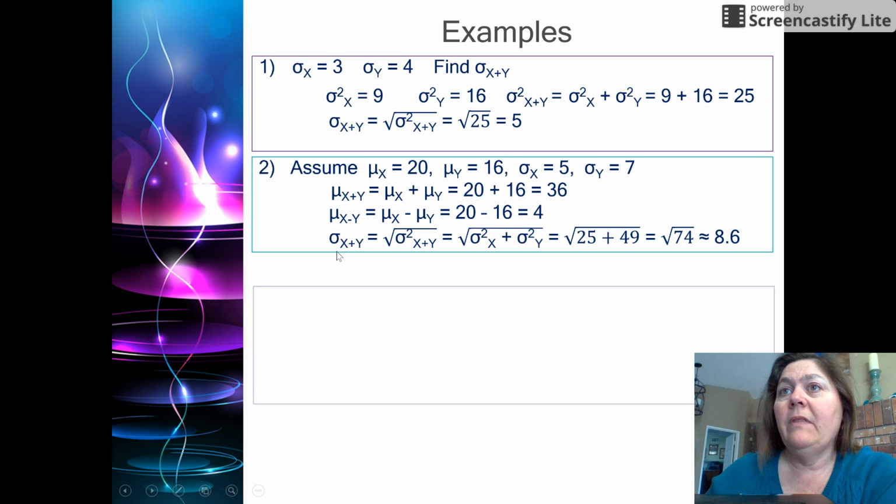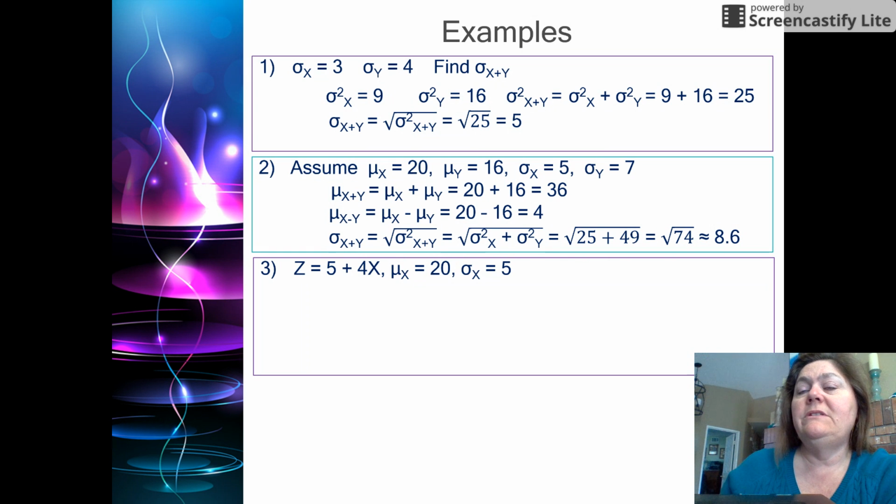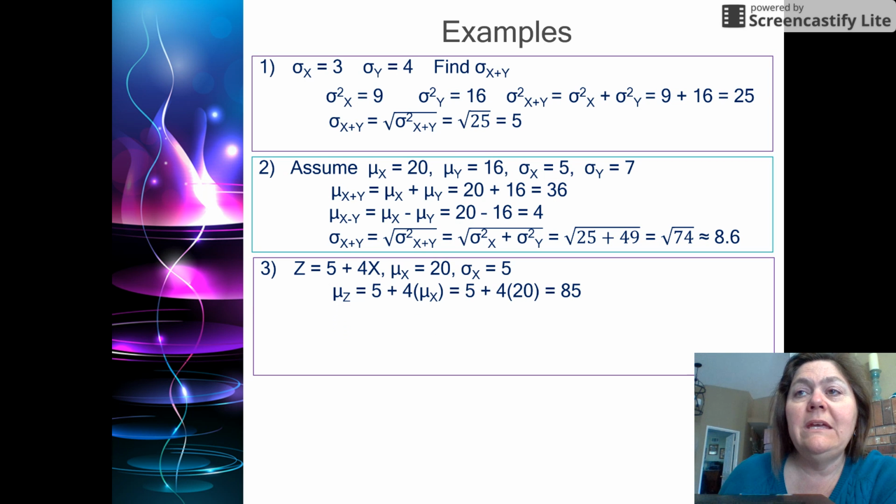Okay. And then here's a situation where a z probability distribution will be taking all the values from x, timesing it by 4, and then adding 5. You're given the mean and the standard deviation here. So to find the mean of z, you're going to do 5 plus 4 times the mean of x, which will be 85.